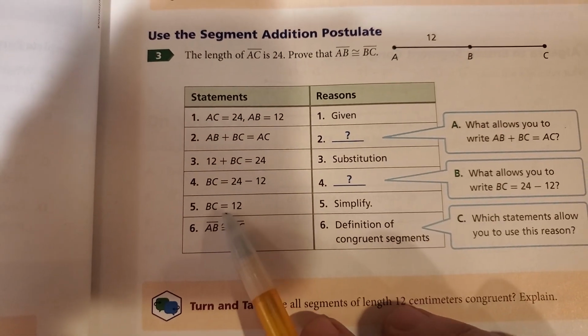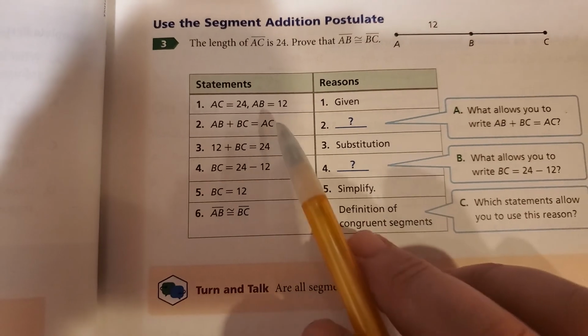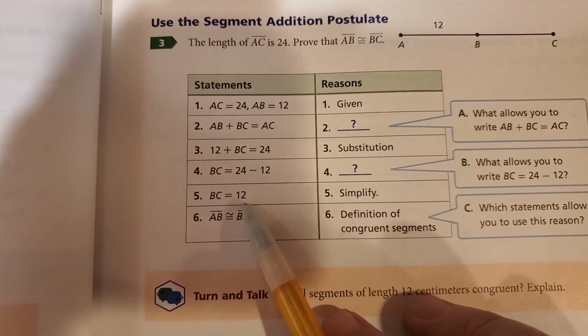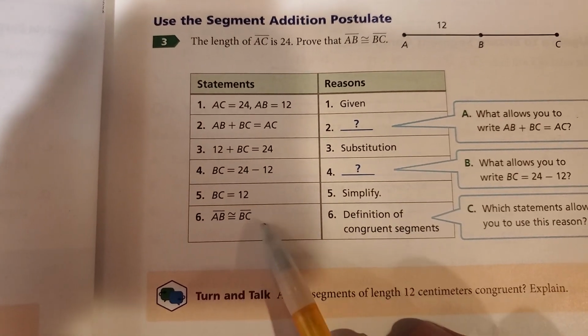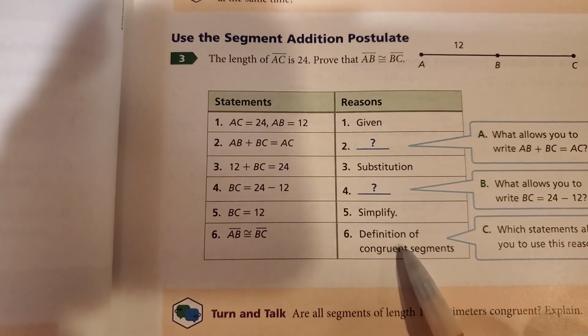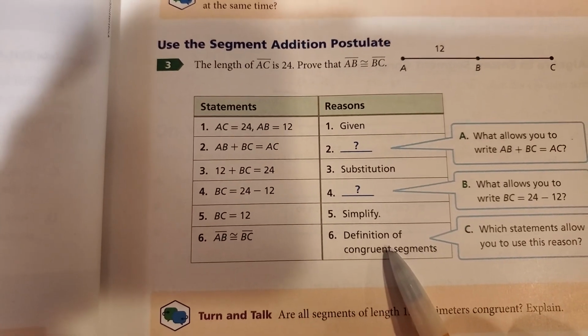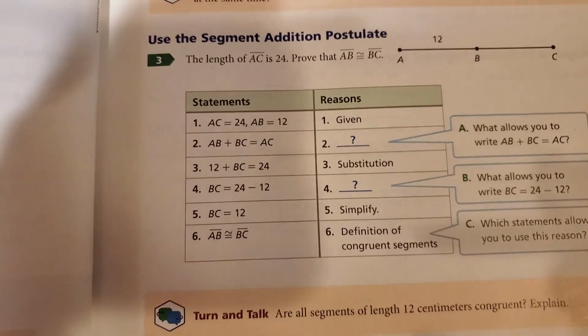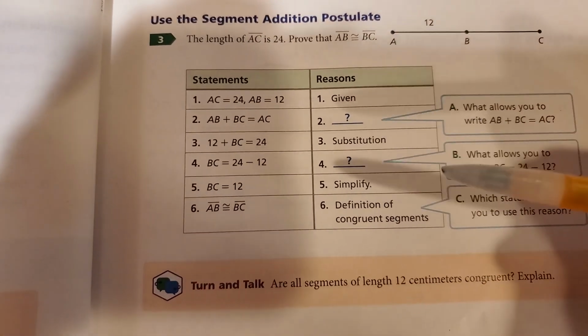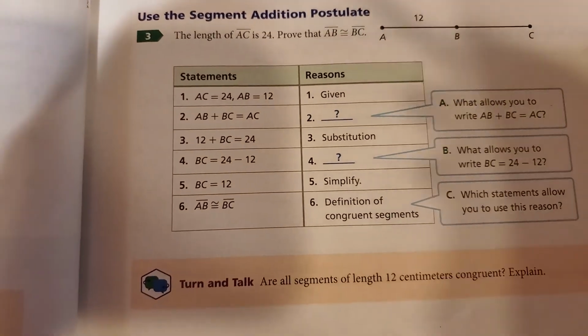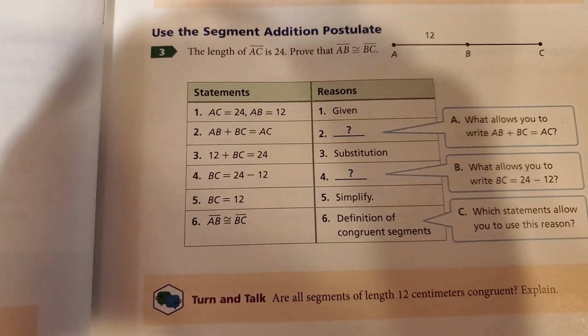And in step 5, it said BC is 12. So if AB is 12 and BC is 12, then AB and BC are congruent. Definition of congruent segments. Okay, so there's a rather simple proof. I'm going to show you another one here in a sec.